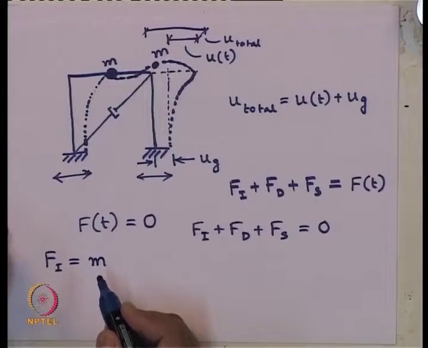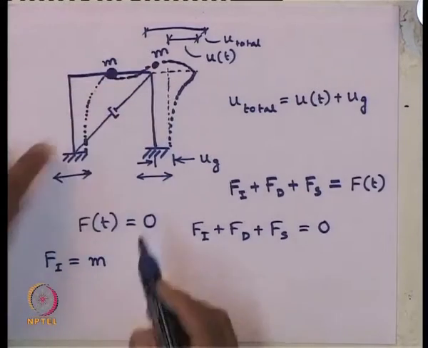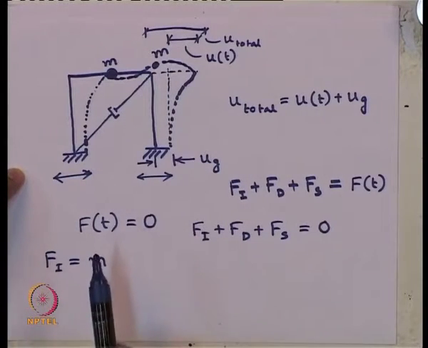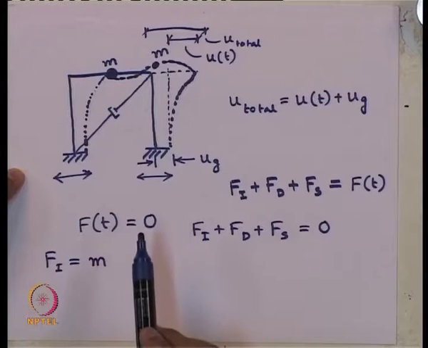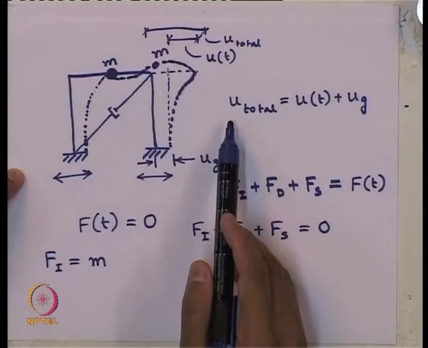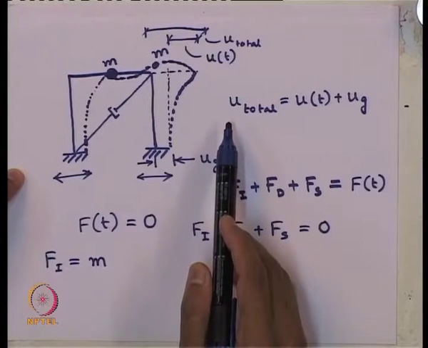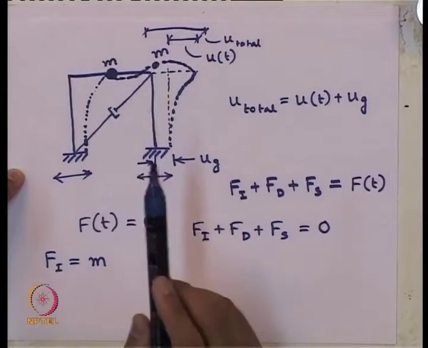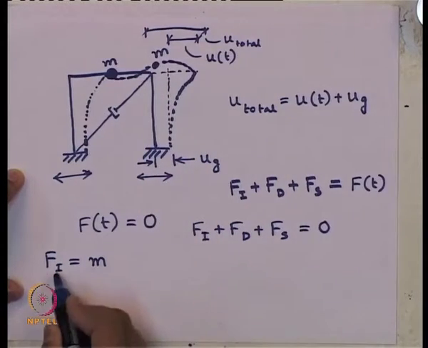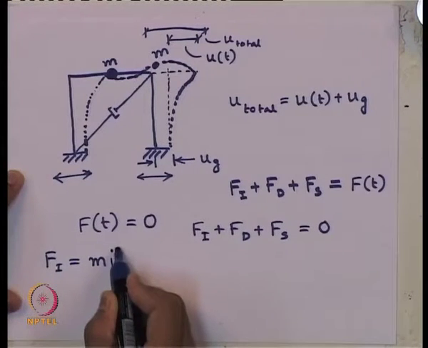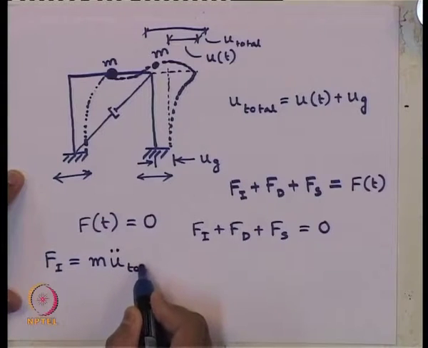How much is the acceleration the mass is experiencing? The mass has moved a distance of u total. So, the acceleration corresponding to u total will act on this mass as inertia force. So, F I is nothing but m times u double dot total.